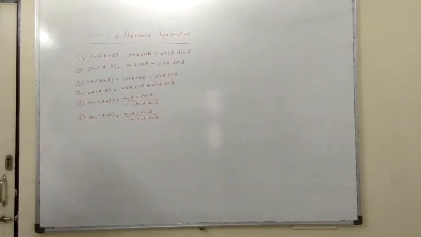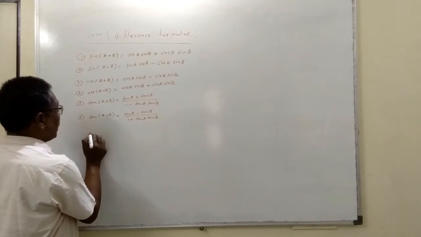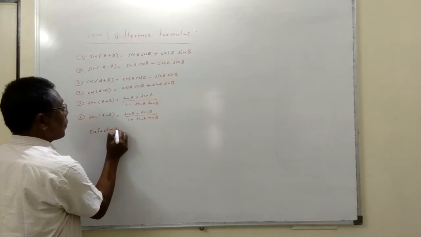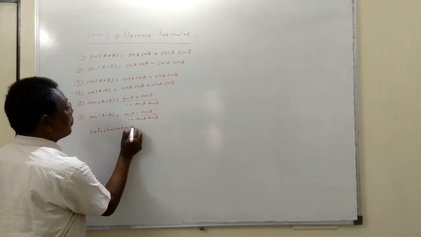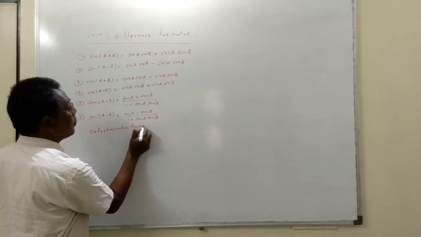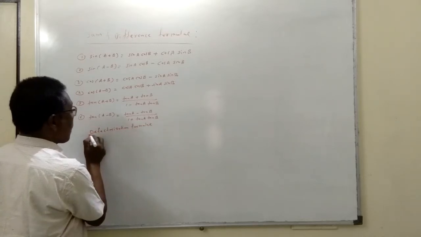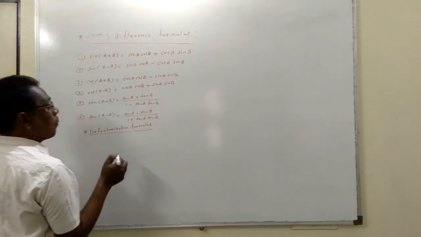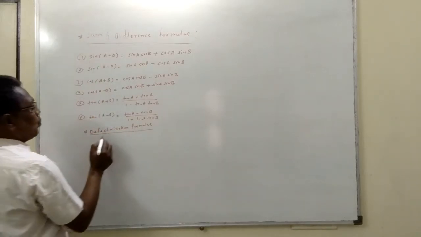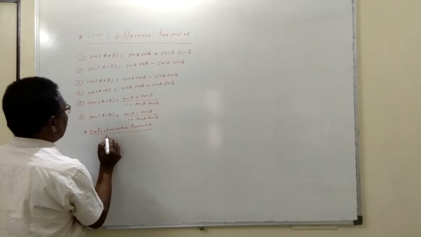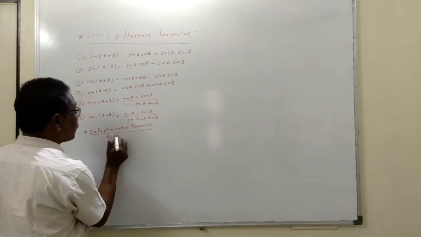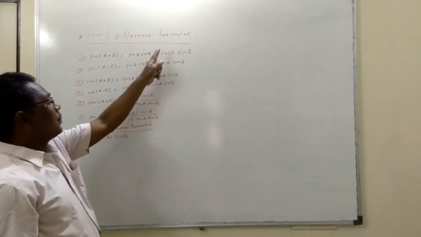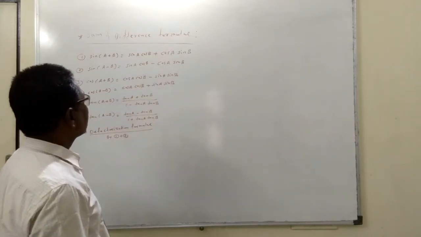Now next group of the formula we get, defactorization formulae. So if we do the addition of the first and second equation, the plus and minus cos a sin b get cancelled.